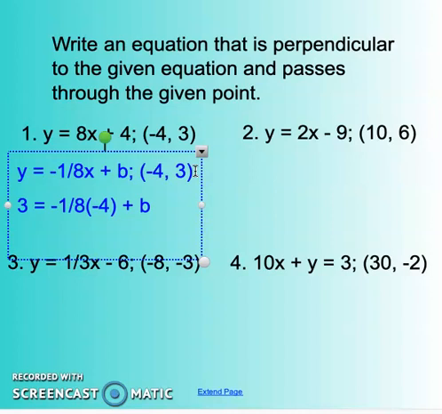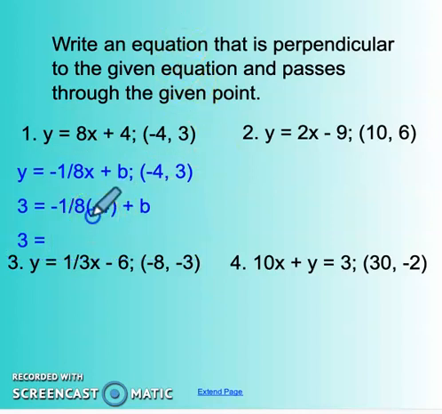So now we have 3 equals, and if I multiply -1/8 times -4, and remember this is really -4/1, so this would be -1/8 times -4/1.